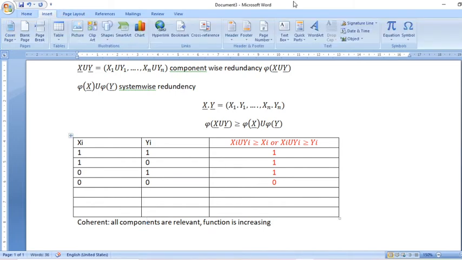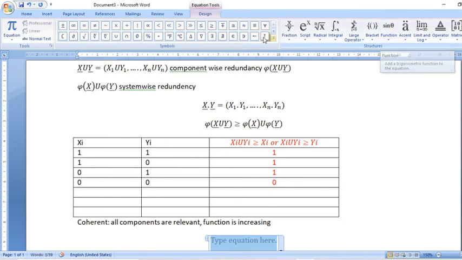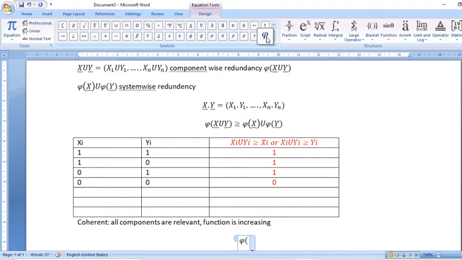Insert phi of x1 union y1, comma, etc., greater than or equal to phi of x1, comma, etc., xn.